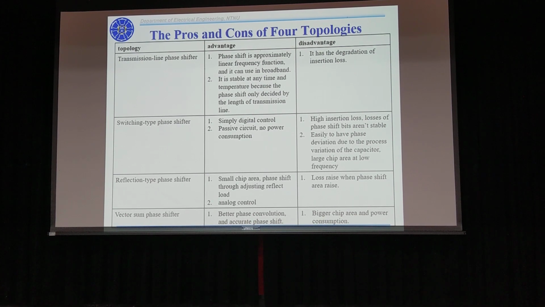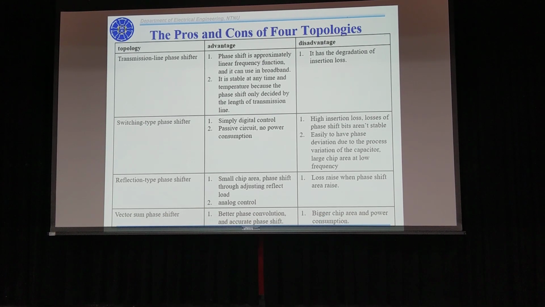The table shows the pros and cons of the 4 topologies for phase shifters. First is the transmission line type. It is stable at any time because it is composed only of transmission lines, but it has degraded insertion loss.